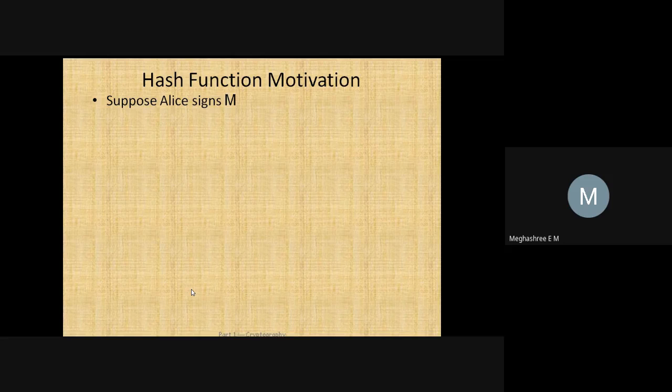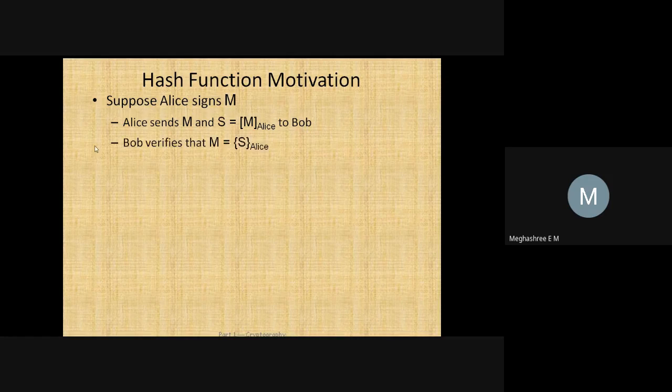Alice signs a message M using her private key. She encrypts the message using her private key, then computes s equal to M of Alice. After that, she sends m and s to the other party involved in the communication, that is Bob.